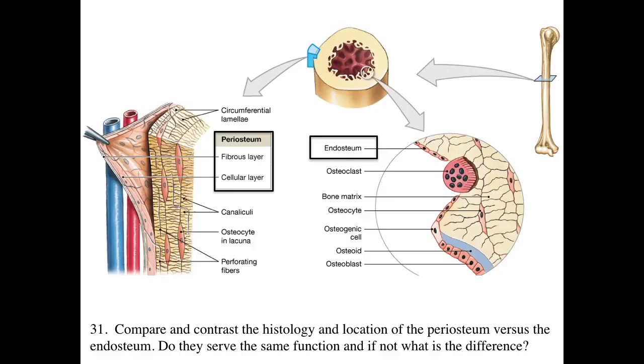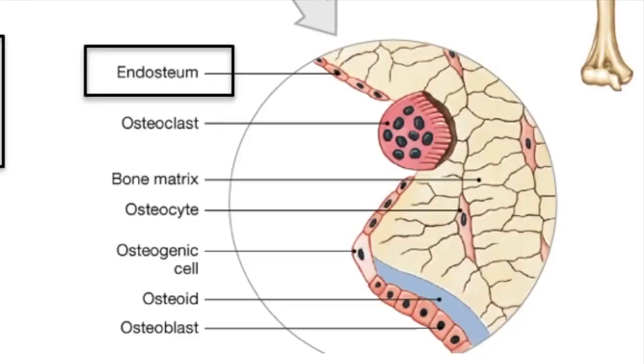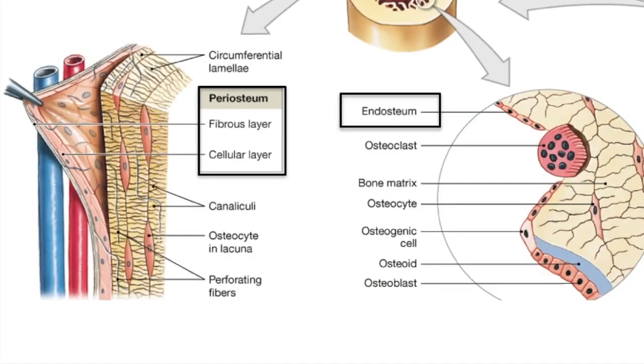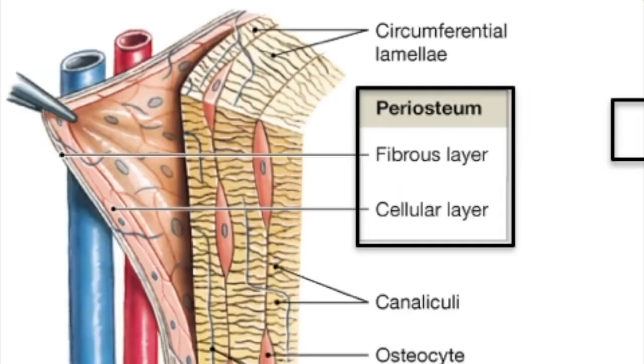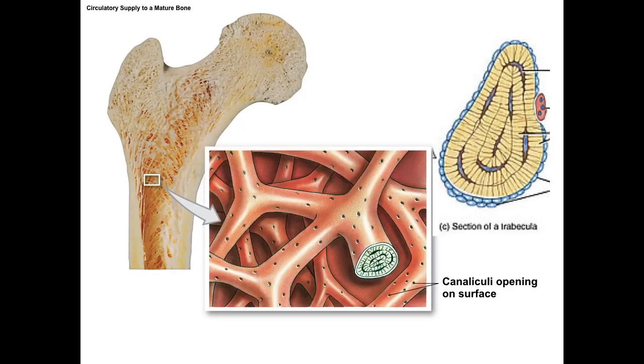So the endosteum is all internal and contains only a cellular layer, as opposed to the periosteum, which is external and also contains a fibrous layer. So back to spongy bone, the osteocytes within the trabecula are going to receive their nutrients from capillaries in the endosteum surrounding the trabecula via connections through the canaliculi.